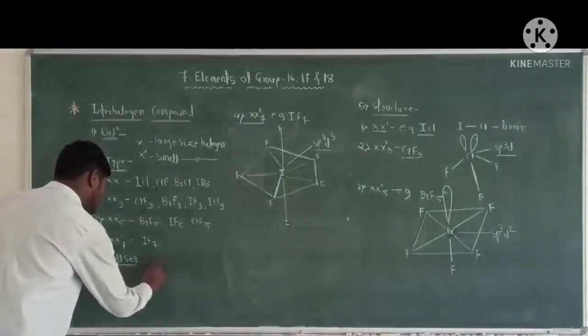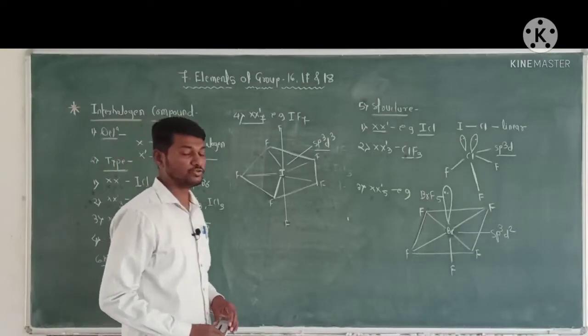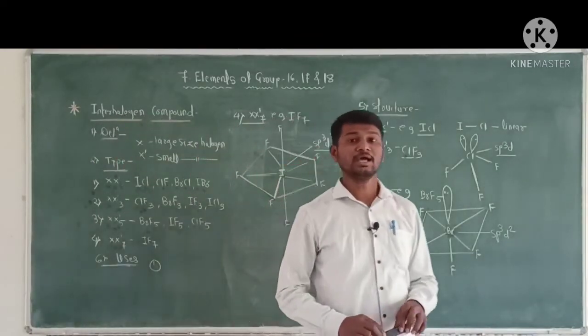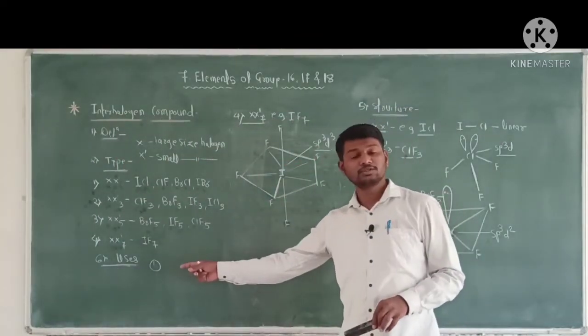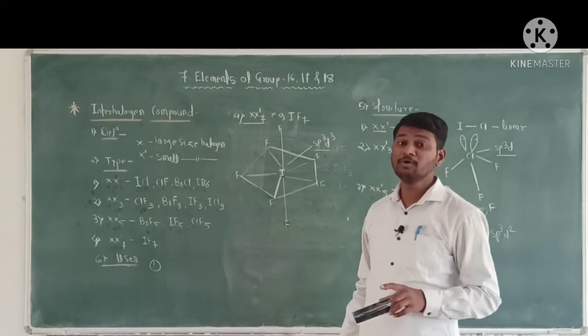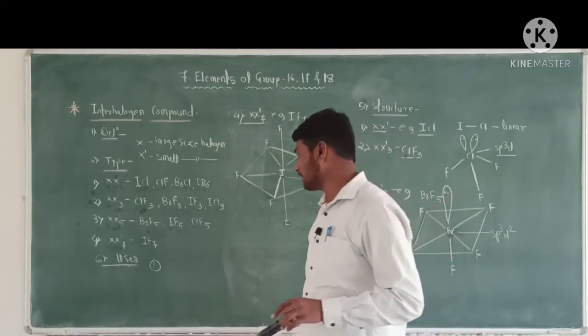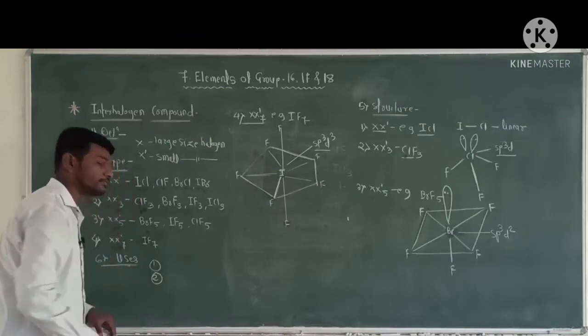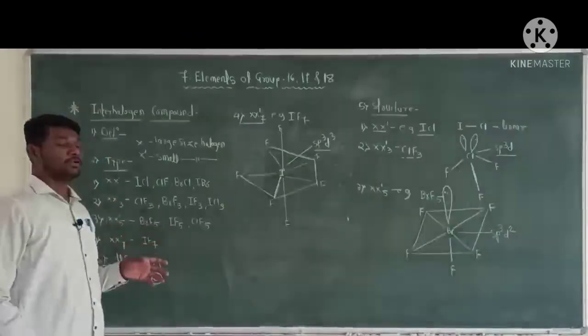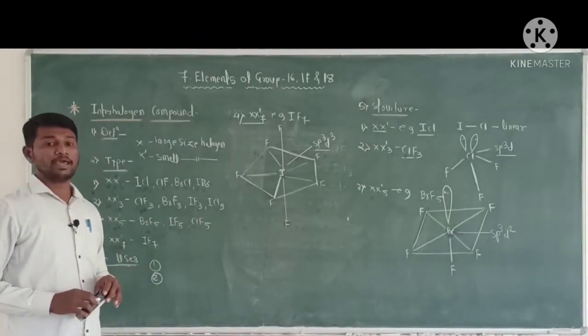First, interhalogen compounds are used for the preparation of polyhalides. Second, interhalogen compounds are used as a non-aqueous solvent.